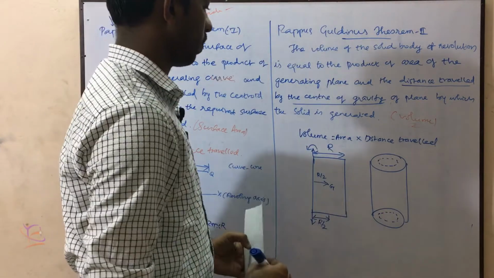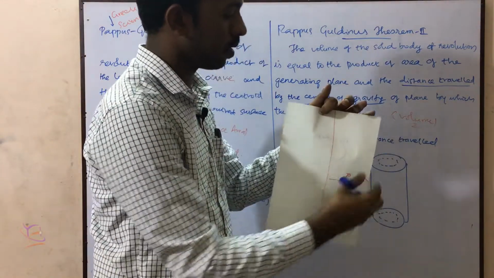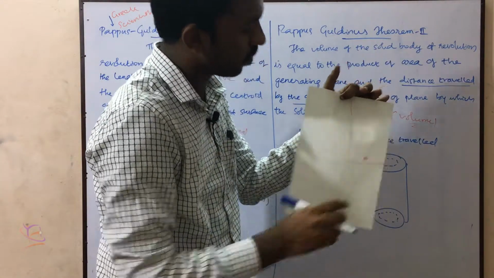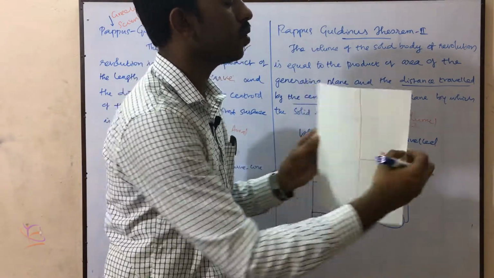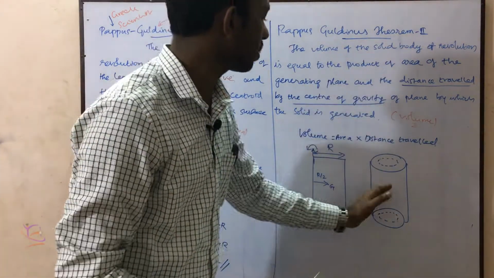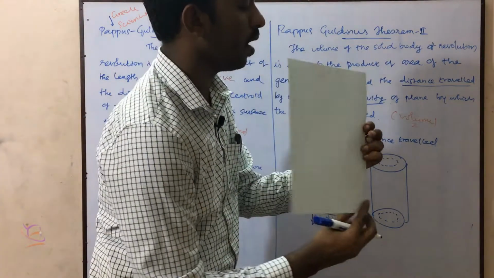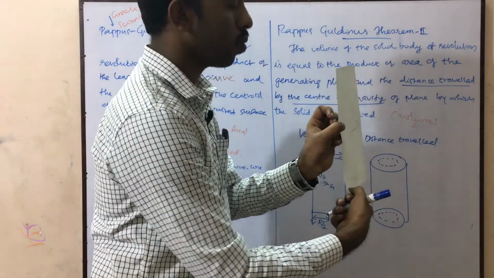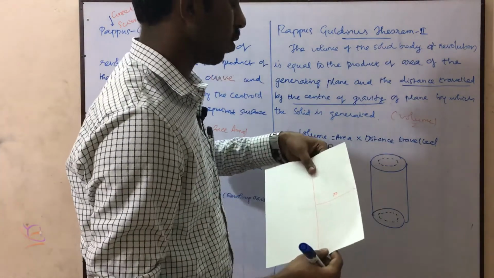Consider this is the plane and this is the axis of revolution. If it completes one revolution, it will produce a solid, a cylinder.